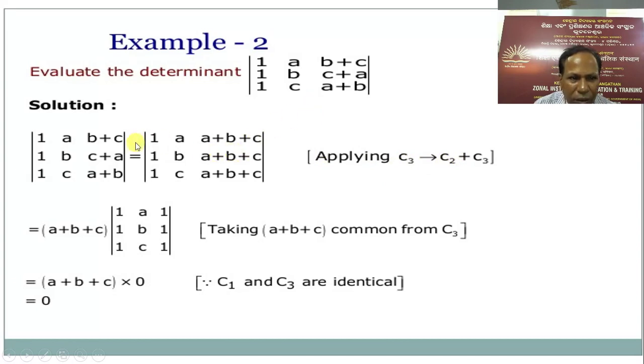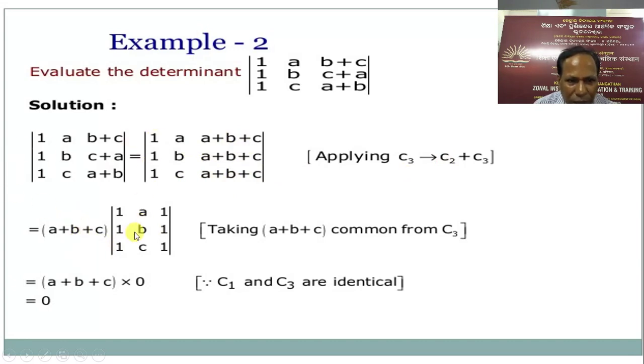That means column 2 is multiplied by 1 and added to column 3. Thereby column 3 becomes A plus B plus C, A plus B plus C, A plus B plus C. That means we have got the same element everywhere in column 3, so that can be taken out. First column and second column remain as they are. The only thing we changed is column 3, by applying the property just to get the common factor. So this common factor A plus B plus C is taken out.